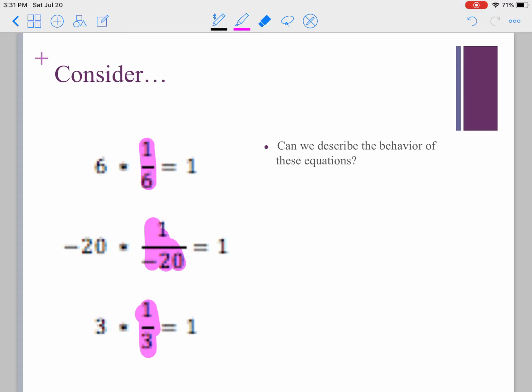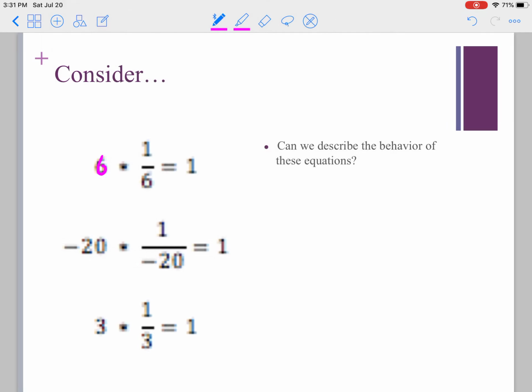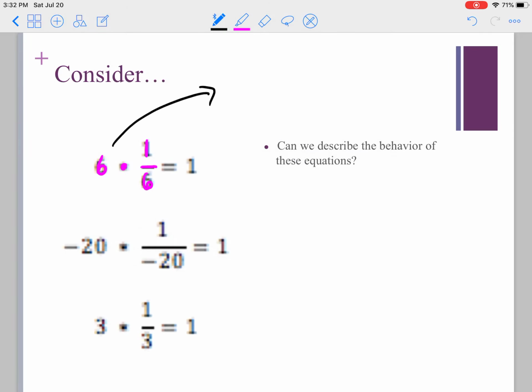Let me go back here, let me erase just so we can see. So if I take a number 6, and let's change the color so I can see it really well. If I take this number 6 and I multiply it by 1 divided by 6, that is the same as 6 divided by 6.